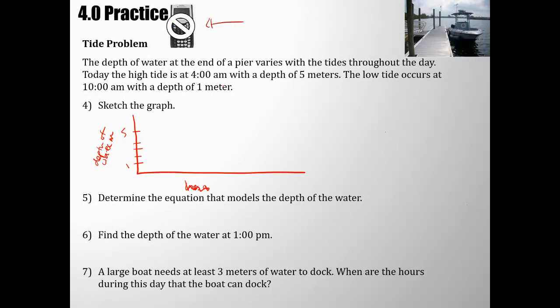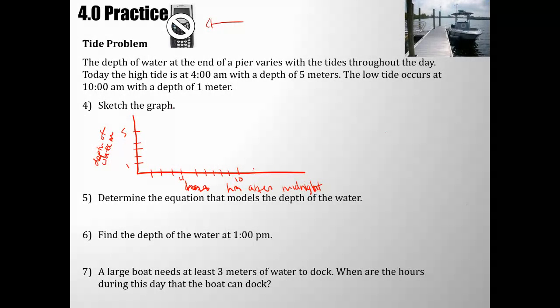And then 4 a.m., so it's the hours after midnight. So I'm going from 4 a.m., 1, 2, 3, 4, to 10 a.m., 5, 6, 7, 8, 9, 10.